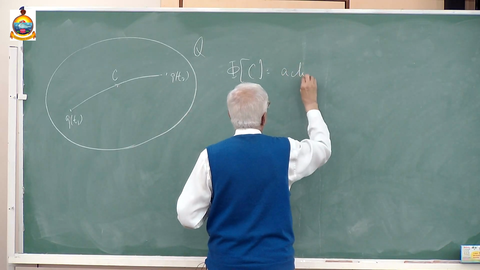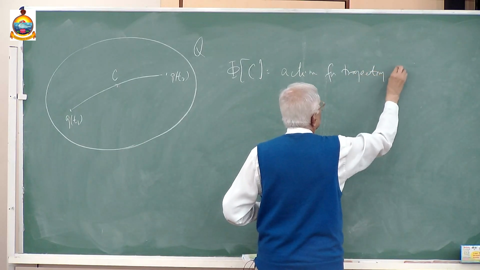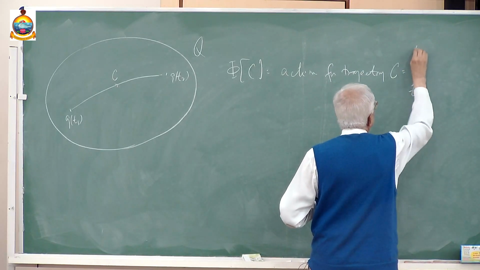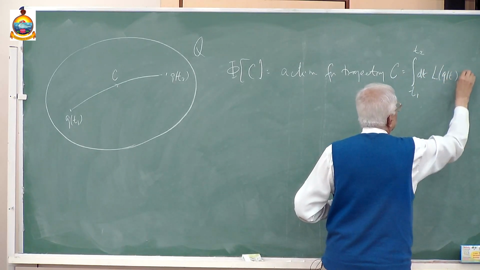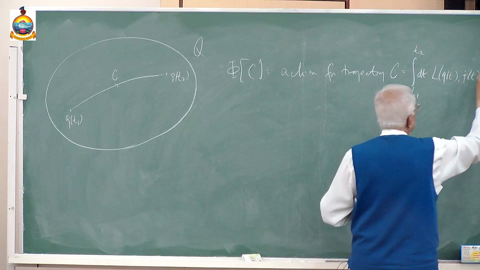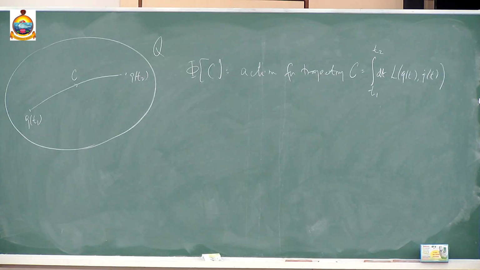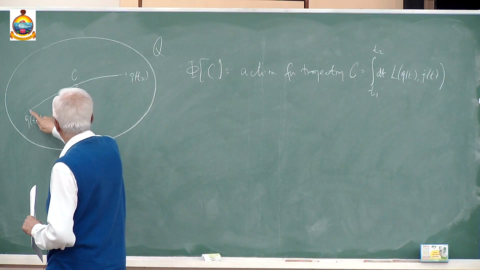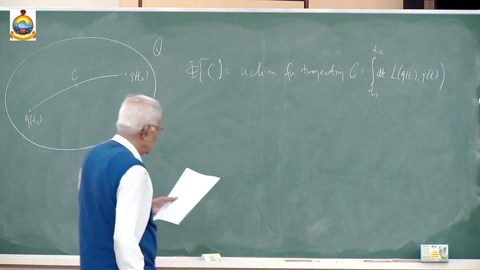So, the action for the trajectory C is defined as the integral from t1 to t2 of dt L of q of t, q dot of t. For simplicity, I will assume there is no explicit time dependence in the Lagrangian. So, this is an integral over time from t1 to t2, and it starts at q of t1, ends at q of t2.